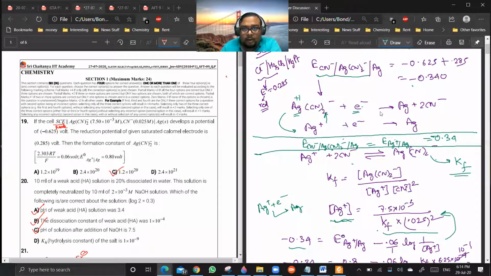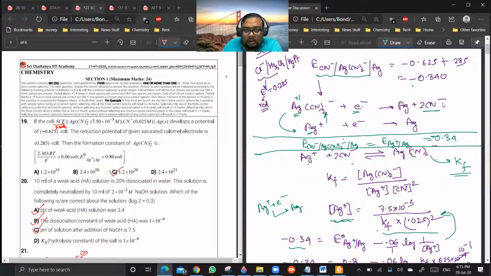Are you getting my point? Since the same species is getting reduced, the E cell will be the same. Here also Ag plus is getting reduced, and here also Ag plus only is getting reduced. Nothing has happened to CN minus. Are you getting my point?